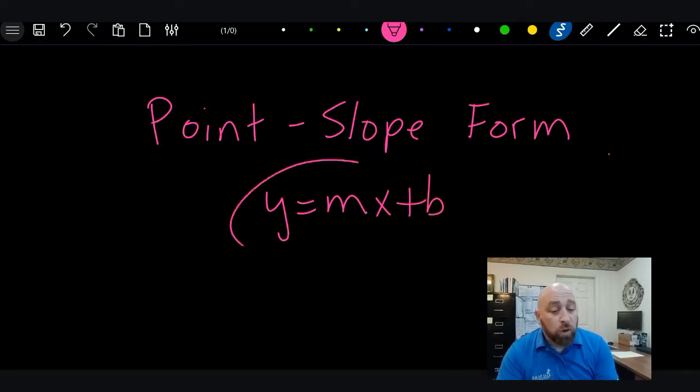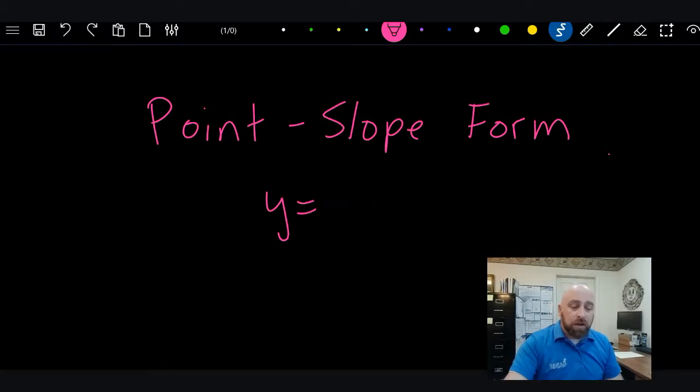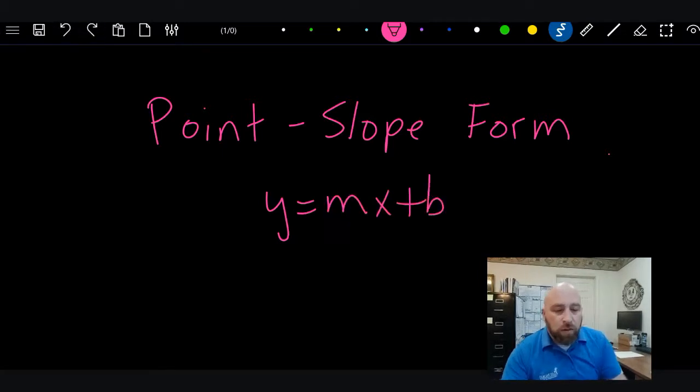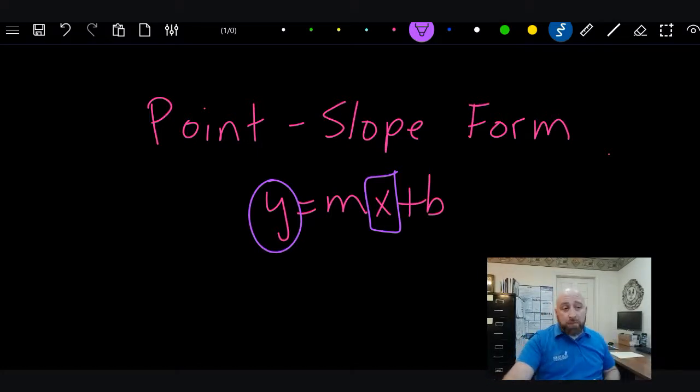And this was the y-intercept form. So now we're going to change it just a little bit. Remember when I said, let's go back to this right here. Remember when I said that the y and the x are just y and x points? Okay. So watch what happens, and this is not point-slope form. This is slope-intercept form. Okay, but bear with me for just a second.